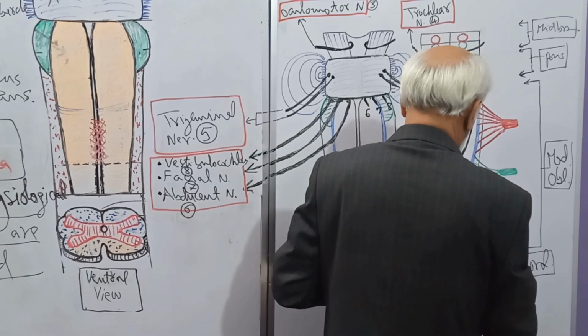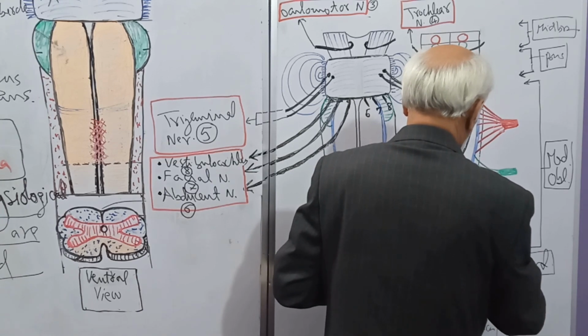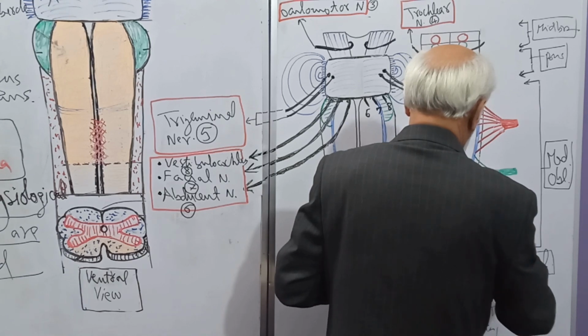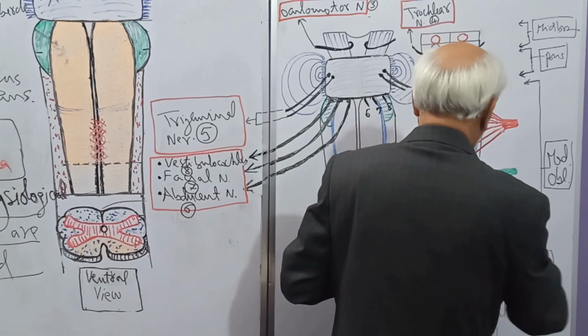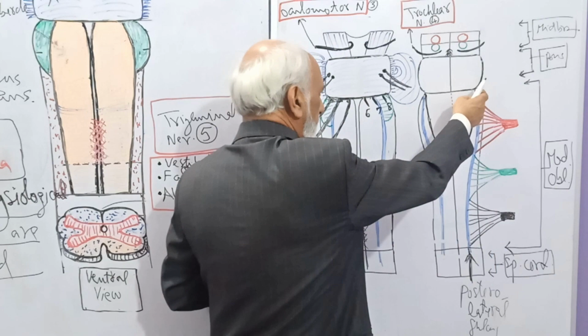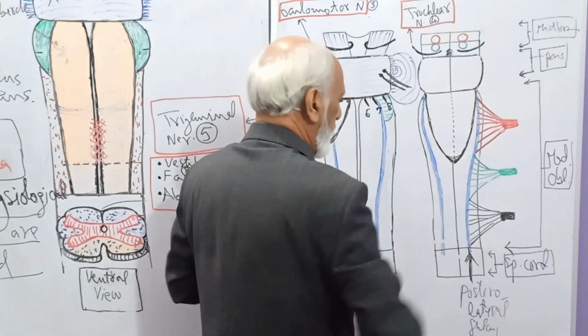From the spinal cord, spinal nerves arise. And these three nerves arise from the posterolateral sulcus of the medulla oblongata by several rootlets from the upper end of the posterolateral sulcus to the lower end.